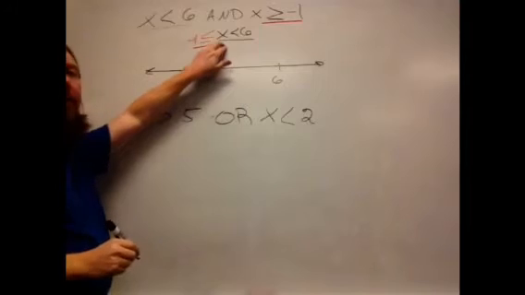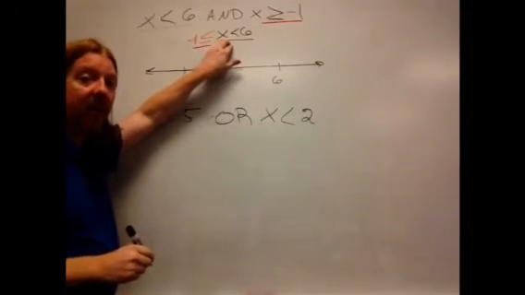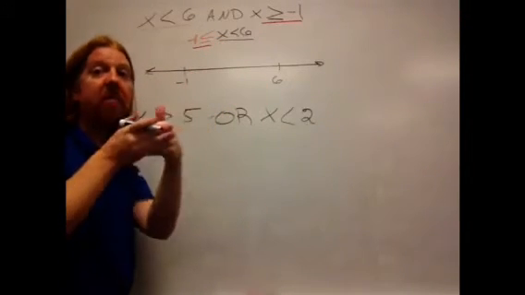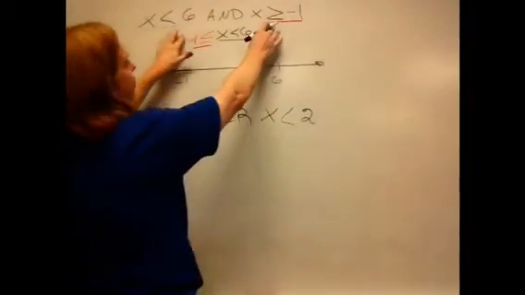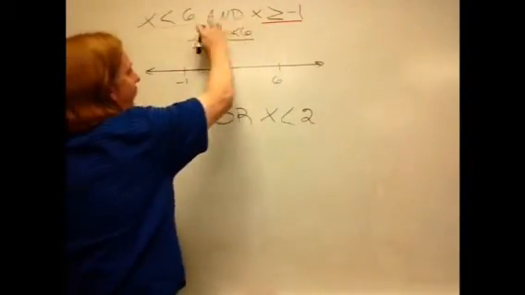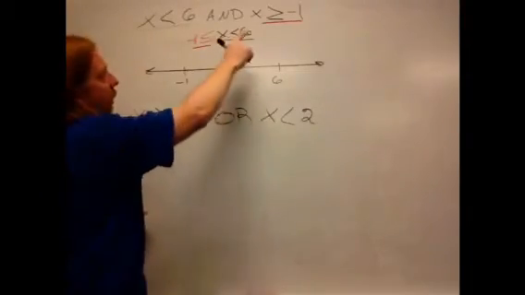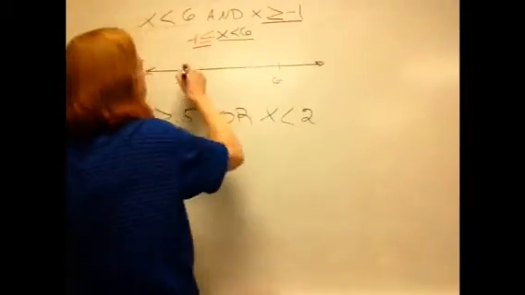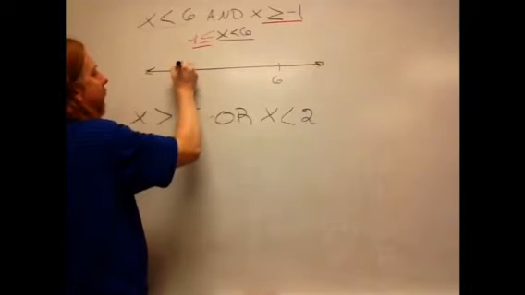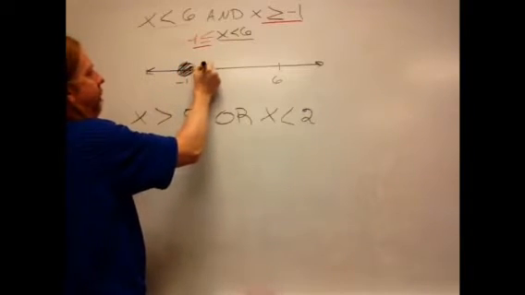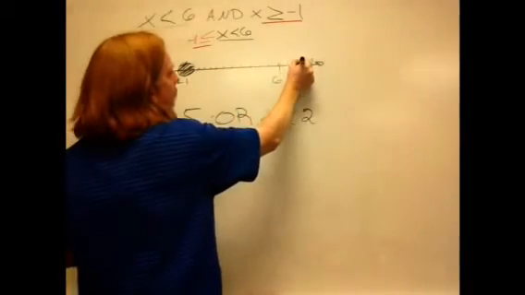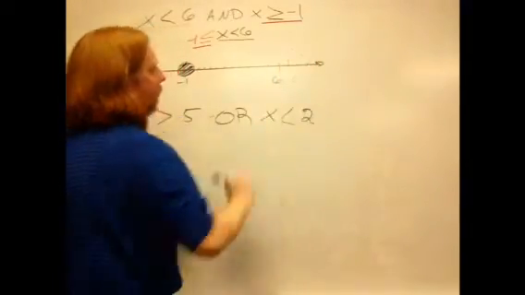Now one way to think about this, since I wrote it in this style, I want x to be in the middle. If I think of it this way, I have the word and, so I'm looking for the overlap of these two inequalities. X greater than -1 is going that way.